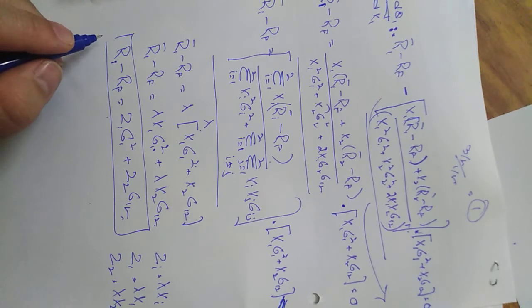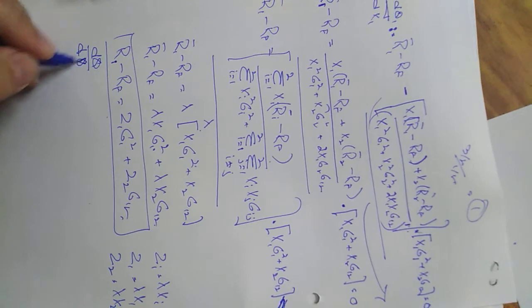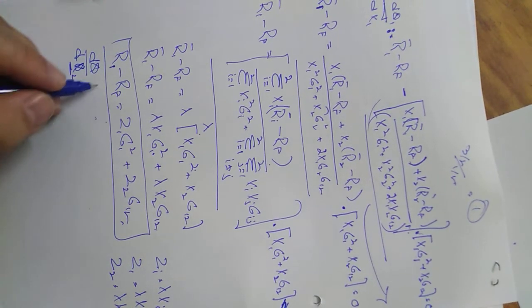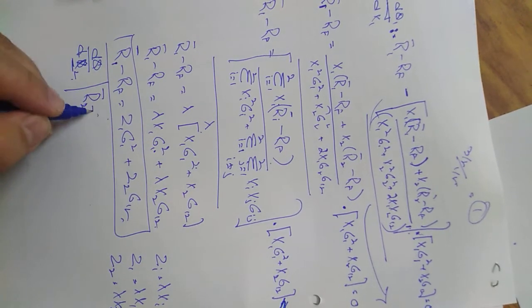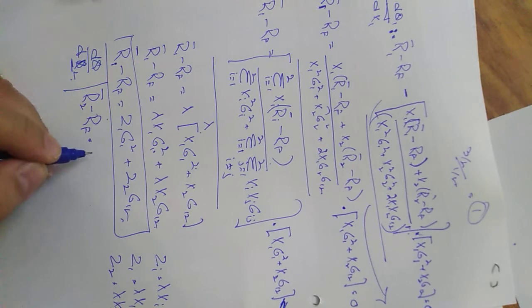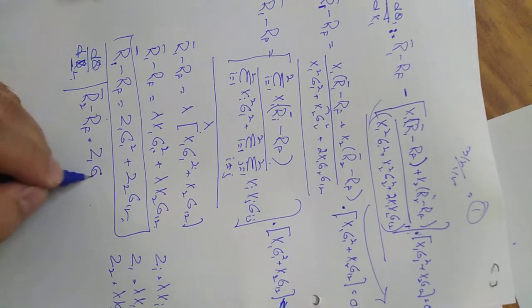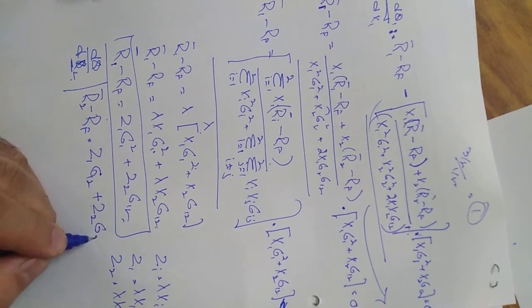Now you follow the same process and do it yourself by differentiating with respect to x2. We will get R2 minus RF equal to z1 covariance plus z2 variance.